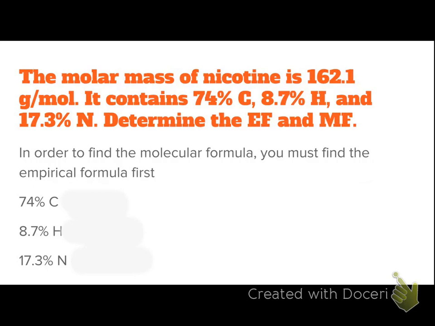So I have 74% carbon, 8.7% hydrogen, 17.3% nitrogen. I have to convert those grams into moles. But those aren't even grams, right? So I'm going to assume 100 grams. 74% carbon is going to become 74 grams of carbon. 8.7% hydrogen is going to become 8.7 grams. 17.3% nitrogen is going to become 17.3 grams of nitrogen.